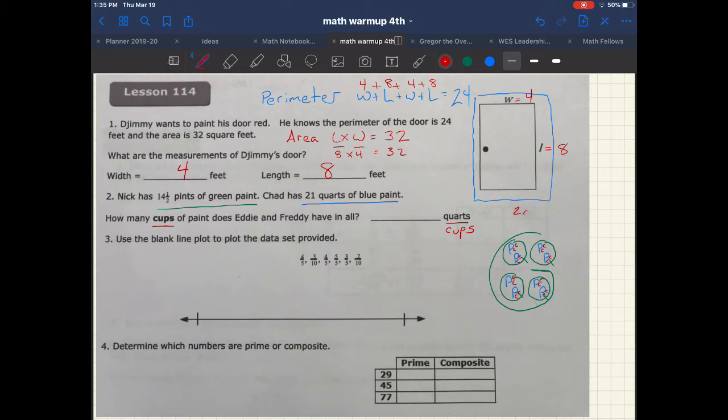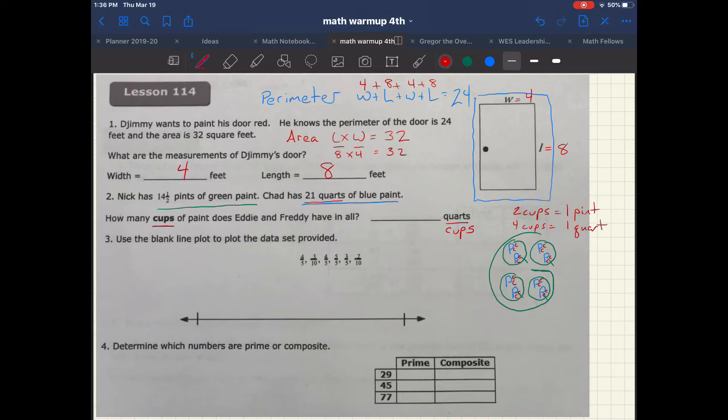So I'm going to write that 2 cups equals 1 pint, and it looks like 4 cups are in a quart. 4 cups equals 1 quart.